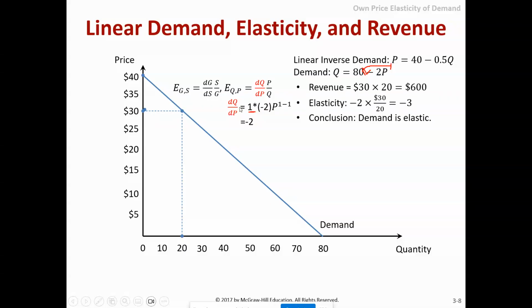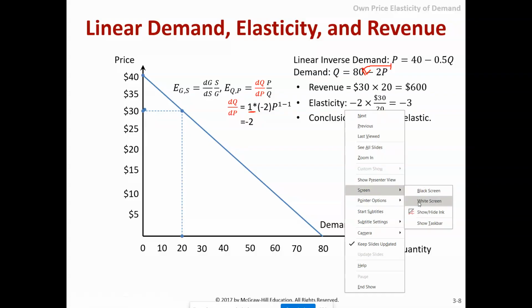Then we'll further calculate the elasticity. Here we know that the first part is -2. And we multiply by the second part: price is 30, quantity is 20. We calculate this and it is -3. So we know the elasticity coefficient here is -3.